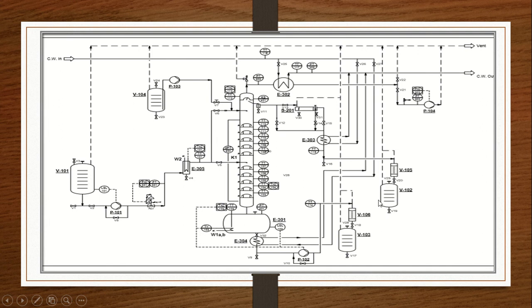These two, V102 and V103, are the product vessels. This is the bottom pump, where the bottom product is transferred at high velocity to the vessel. That's all for the process flow diagram, PFD.